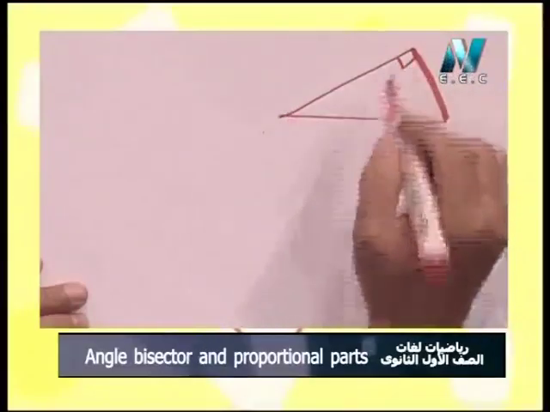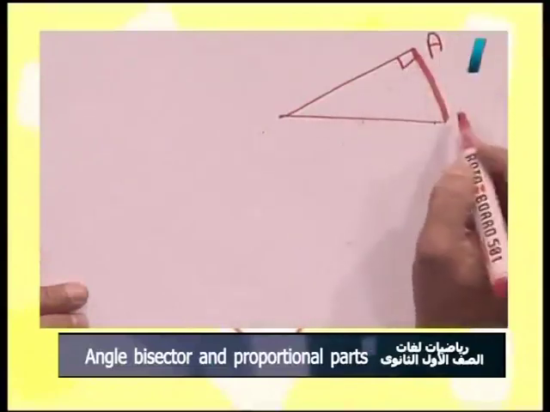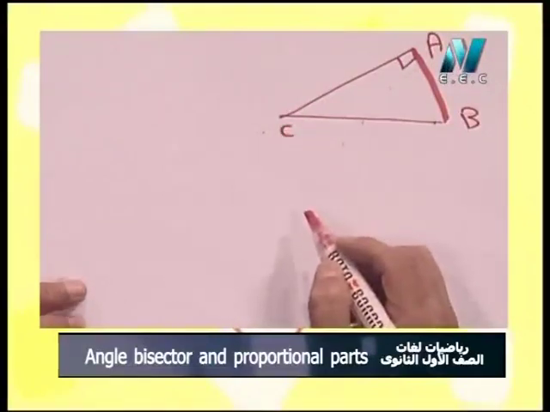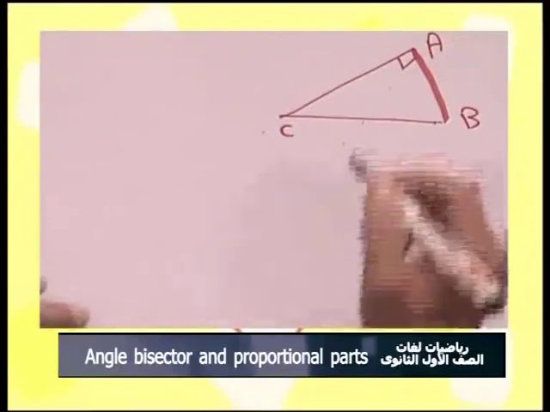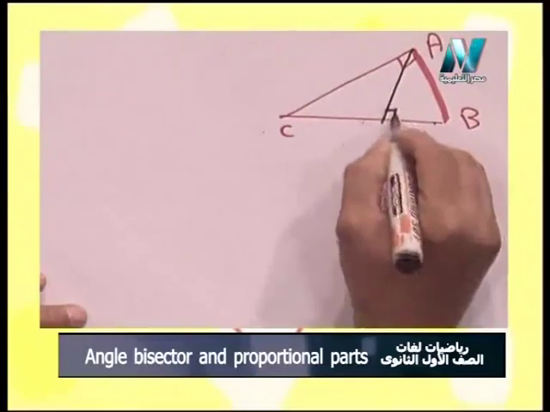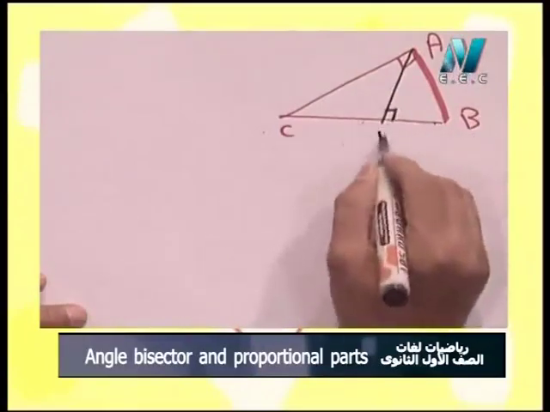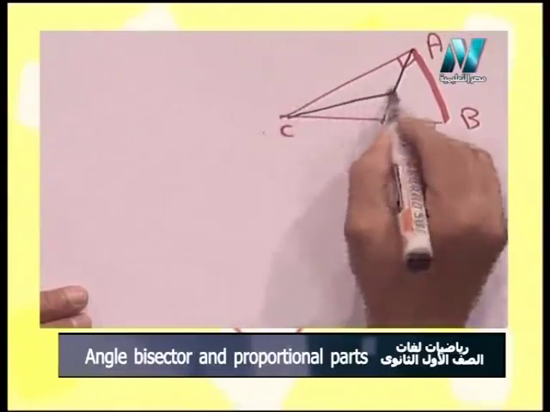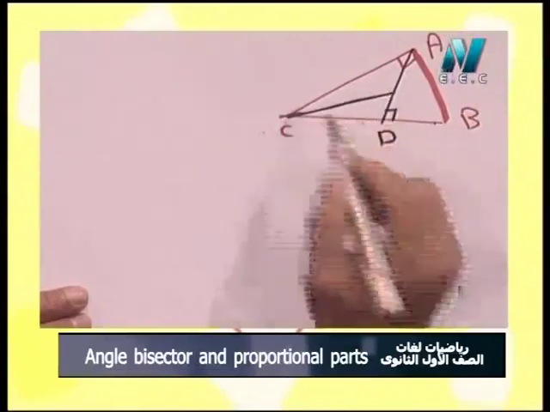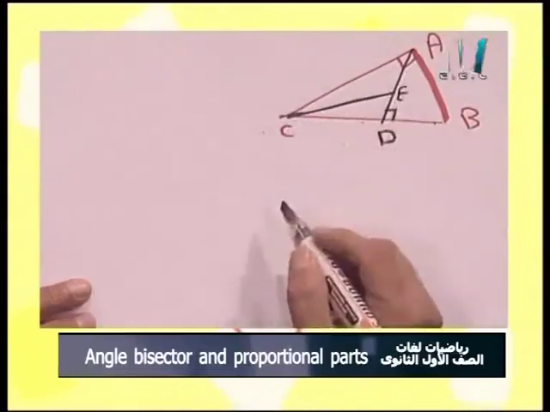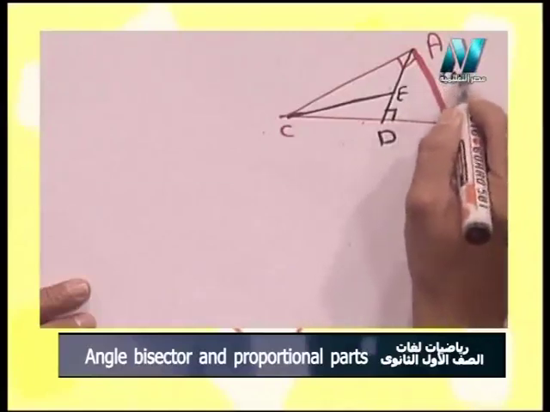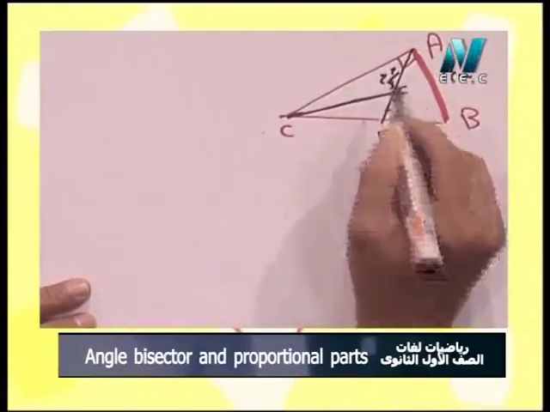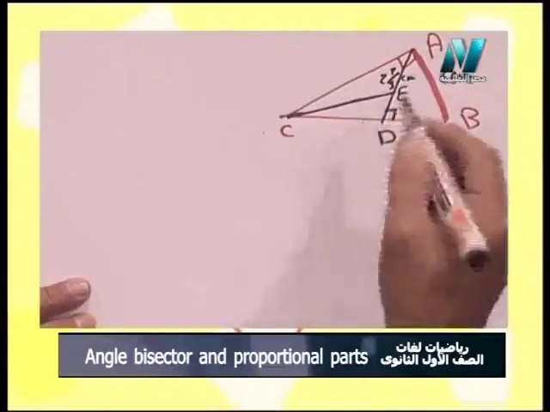It is a right angle triangle at A. So we have ABC is a right angle triangle at A, and we also have AD perpendicular to CB at D here, and we will join CE, and we have AB equals 6 centimeters, AE equals 2 and 2 over 3 centimeters, and AC equals 8 centimeters.